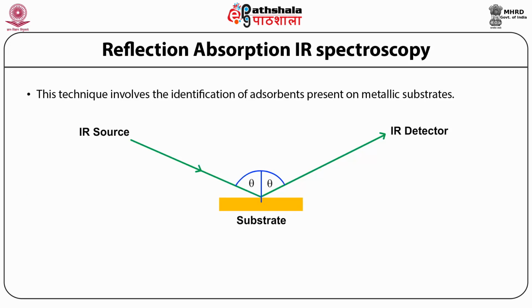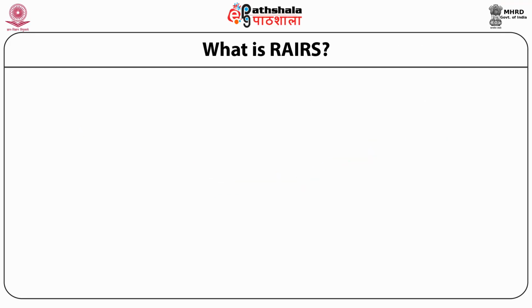Here, a substrate has been shown on which an IR source is sending light or rays, and they are reflected, going to a detector where IR detects the required kind of analysis. This explains what RAIRS is.